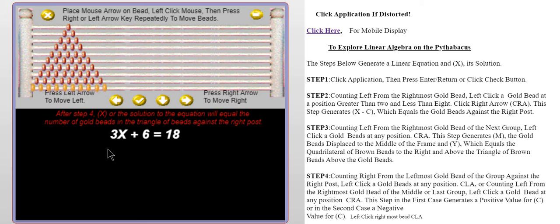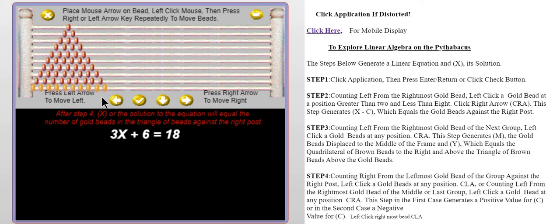Given the equation 3x plus 6 equals 18, with all the beads situated against the left post, I can now manipulate the triangle, the Pythagoras beads, to solve for x. First, by asking myself, m, 3 times what equals y, 18. And I decide that that is 6.